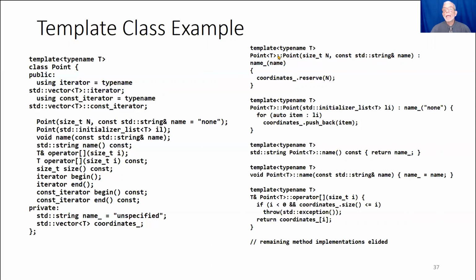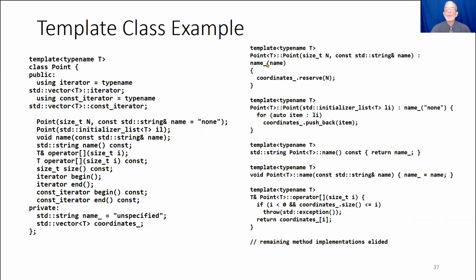Notice that here I specifically provided the parameter in between angle brackets, and I didn't here. What's the difference? Here I'm using point as a type. Here I'm using point as a function name. So you provide this parameterization for types, not for function names.